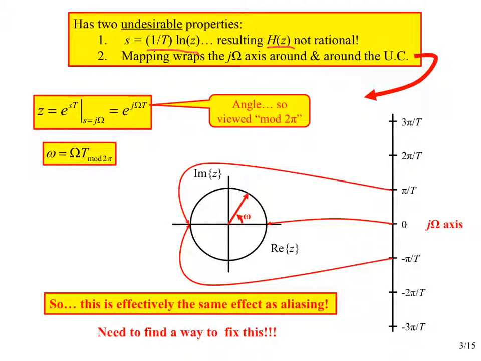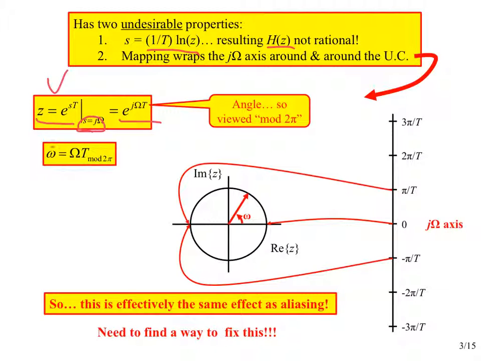The other problem with this is that even though it does map the j omega axis to the unit circle, the way that it maps it is it wraps it. We can understand this by looking at this equation here. If we're replacing z by e to the st, and now let s be equal to j omega, the z values that we get are e to the j capital omega t, and since that's an angle, we have to view it as a mod 2 pi kind of thing.